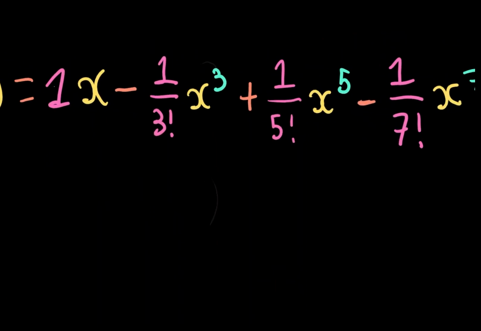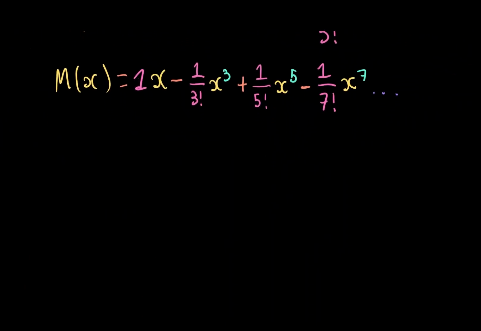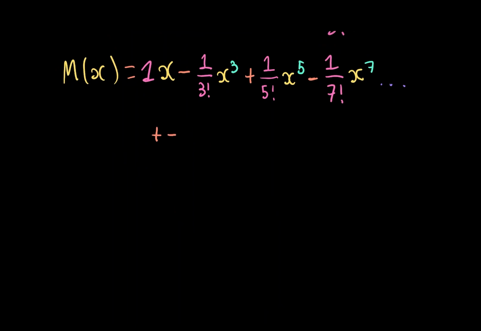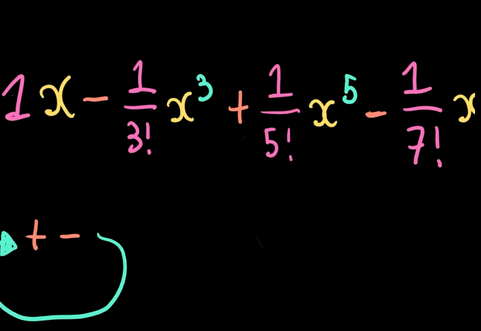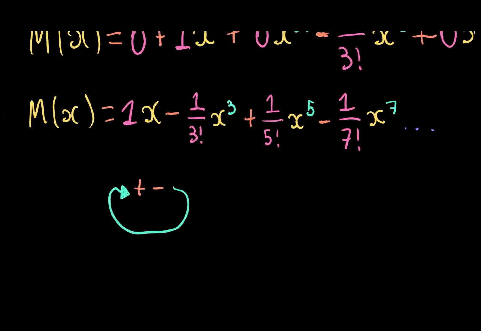Well, like last time, we saw that it alternated between plus and negative, so let's write that down. Plus or negative, and let's just use a blue to show that it loops. Okay? Another pattern is these two increase by 2 every time.